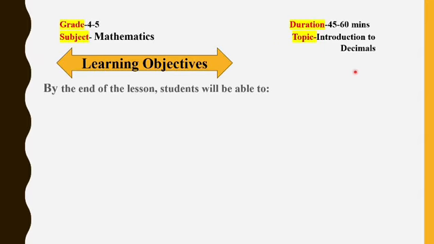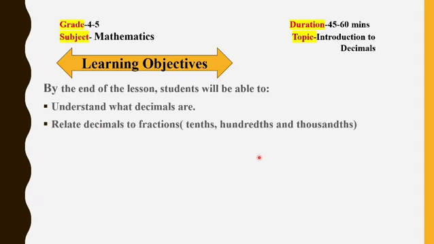By the end of the lesson, students will be able to understand what decimals are, relate decimals to fractions. This is connected to previous knowledge, what 10th, 100th and 1000th.